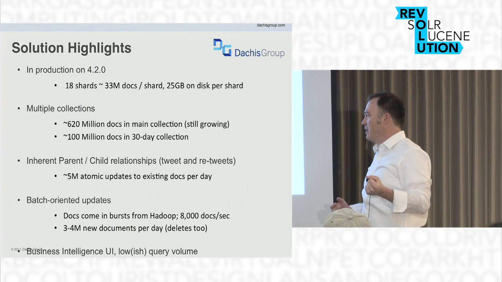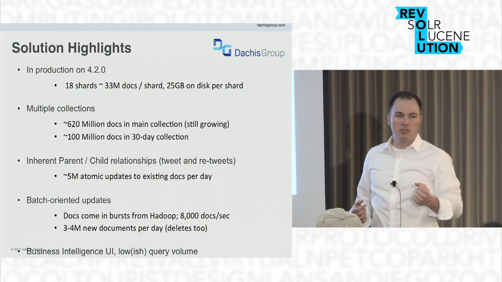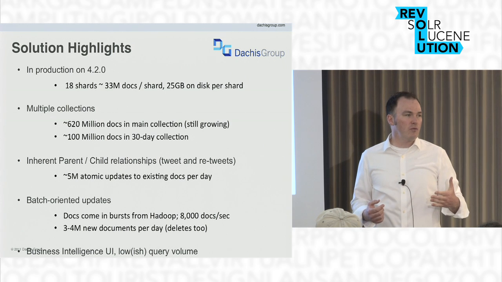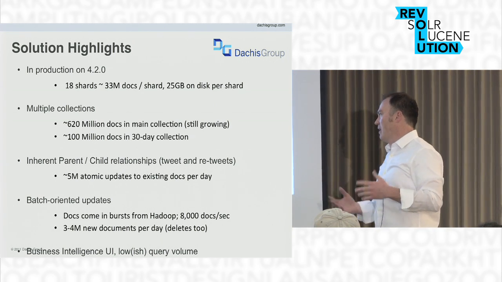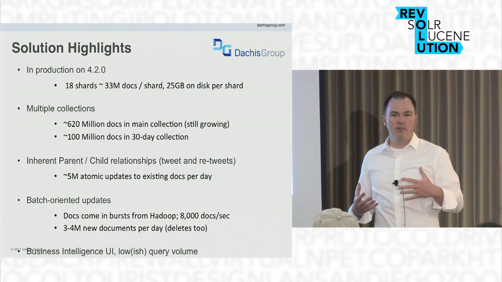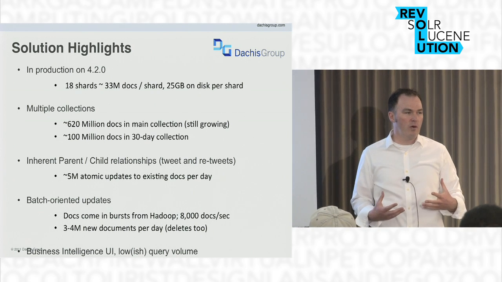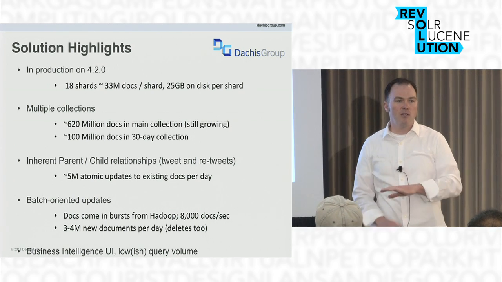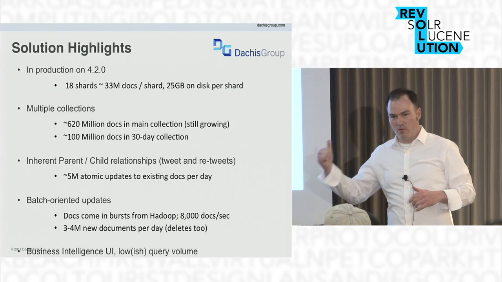I'll get into this a bit, but we use the atomic updates support and the real-time get support in Solr 4 extensively. We do at least 5 million updates to our existing docs every day. I wanted to mention that because I think it's a really significant feature of Solr 4. Once we stop talking about all the replication and sharding, real-time gets and atomic updates are awesome.